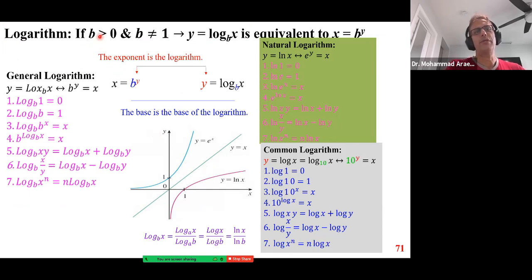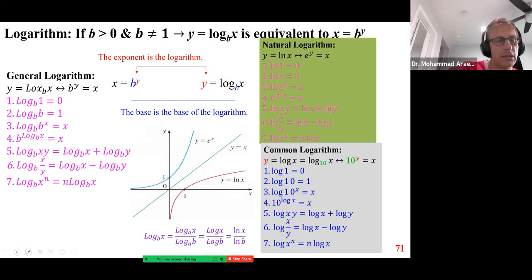If b is larger than 0 and b is not equal to 1, y equals log x base b is equivalent to x equals b to the power of y. So what matters, I want you to pay attention to this. In both cases, they have the same base b. In both cases, they have the same exponent y. So log is simply an exponent.